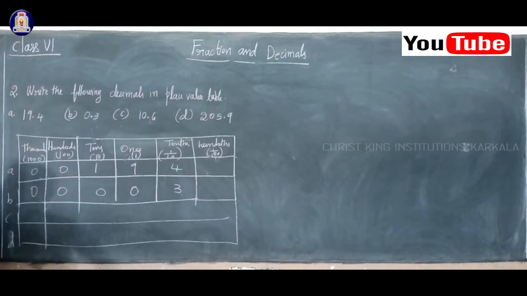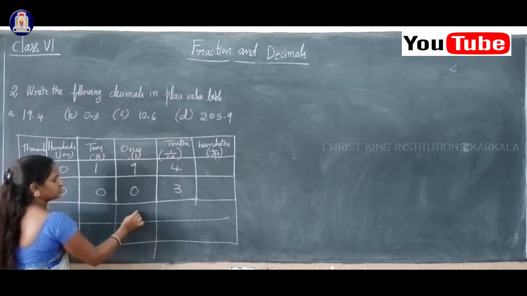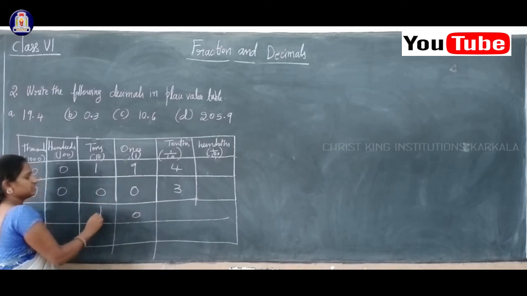Now C, that is 10.6. 0 is in the unit place, the ones place, and 1 is in the tens place.